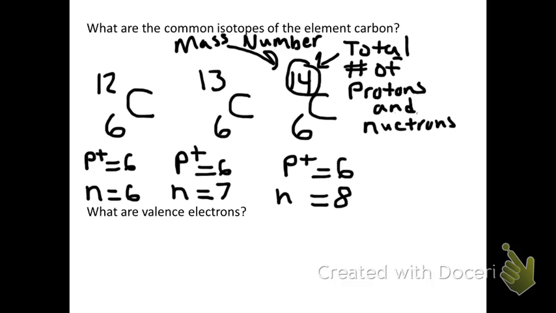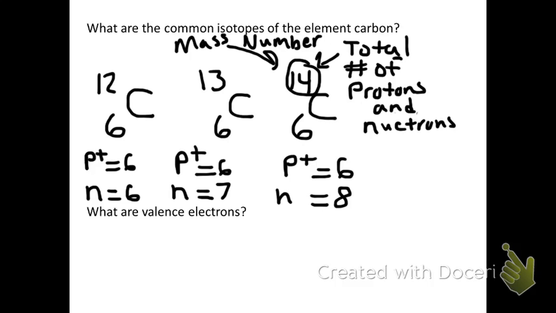So notice that all these carbon atoms have the same number of protons, which is 6, but they have different numbers of neutrons, 6, 7, and 8. Therefore, all 3 of these atoms of carbon are known as isotopes of carbon, and all 3 combine together to make the element carbon.